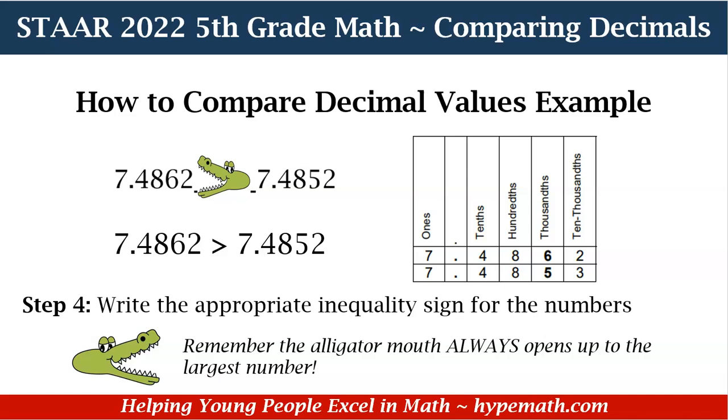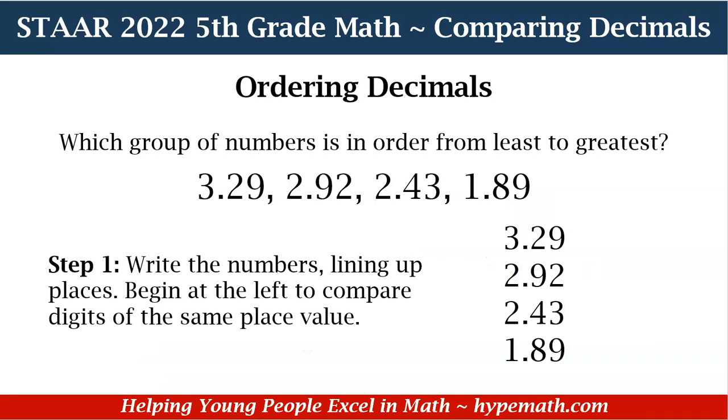We're going to write the appropriate inequality sign. Well, remember we said that the alligator mouth always opens up to the largest number. So our problem reads 7.4862 is greater than 7.4852.